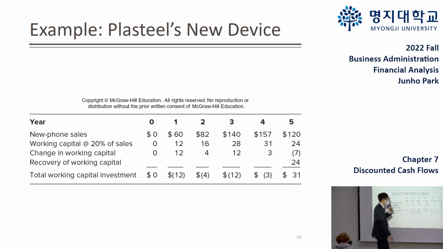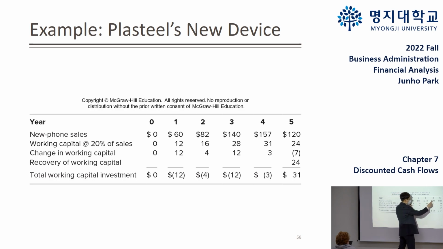So you don't have to put in 16 additionally, but you can just put $4 million more in the second year. And in the third year, similarly, because you already have 16 and you are required to have $28 million as the working capital, the difference between these two, 12, will be required. And that will be your cash flow.